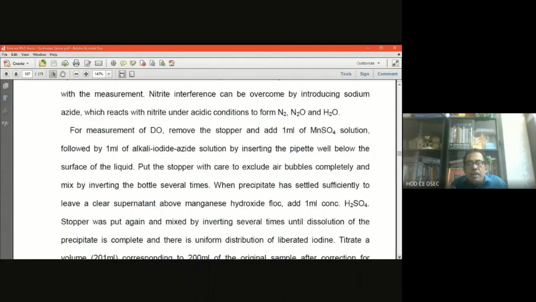After giving 1 milliliter MnSO4 and 1 ml alkali iodide solution, you put the stopper on with care to exclude air bubbles completely from inside, and you shake several times by inverting the bottle. You have to allow for precipitation.